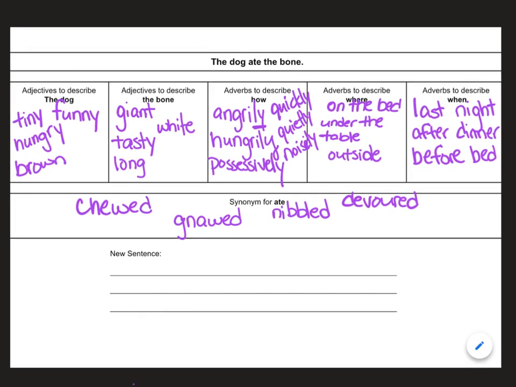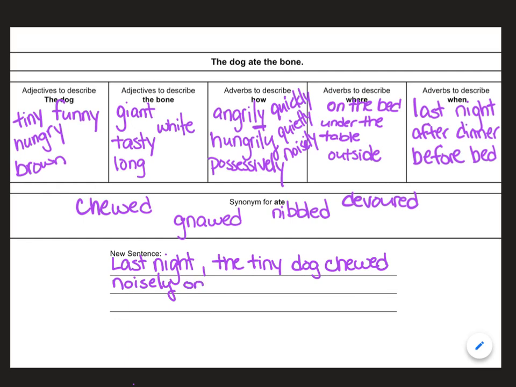So let's start over with, last night, the tiny dog chewed noisily. And so this is a good part to go back and say, what is the dog chewing on? I don't want to say that the dog chewed noisily on the bed.